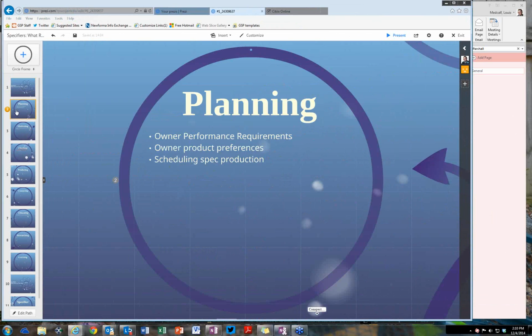So here are a couple of ideas that came in from some folks who made comments when they registered to attend today on planning. And I think these are pretty self-explanatory.